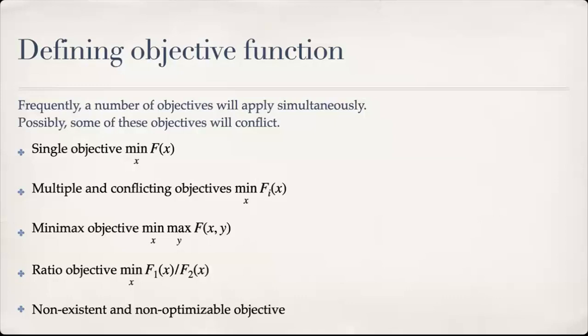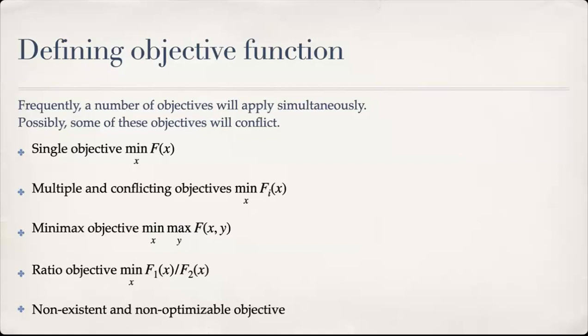Then if we take F1 and divide by F2, you want to minimize F1 and maximize F2, it becomes a single objective function, right? We call that ratio objective, where we want to minimize F1 and maximize F2. So if we make a ratio of F1 to F2, it's the same thing.